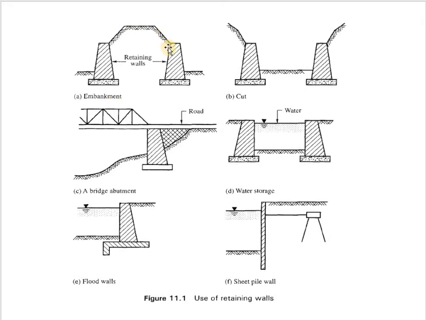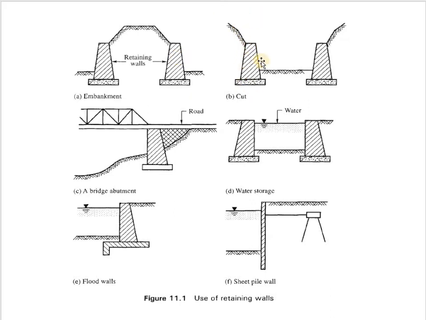If you have an embankment and you can't have a gentle or safe slope on either side, and the space is restricted, then you go for a retaining wall. Generally a retaining wall is used whenever there is a restriction for space. If the soil cannot naturally stay on its slope and your area is restricted, then we retain that soil with the construction of retaining walls.